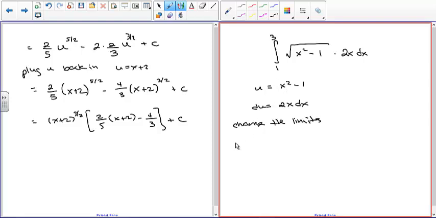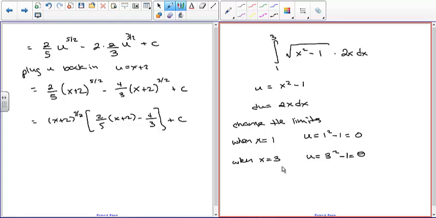Usually I say when x equals the lower limit, which is 1, I plug x equals 1 into the equation for u. I get 1 squared, because x is 1, minus 1. So my u limit is 0. Then I take the upper limit, so when x equals 3, u is going to be equal to 3 squared minus 1, which is 8.